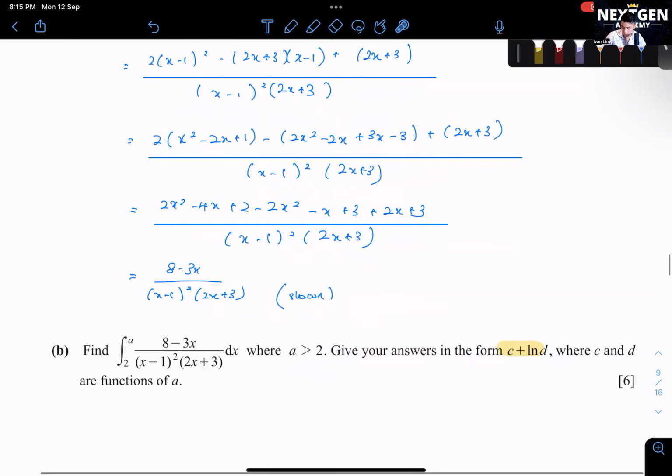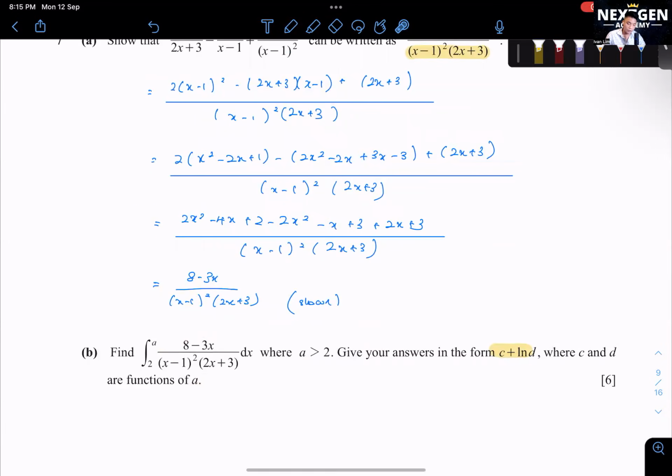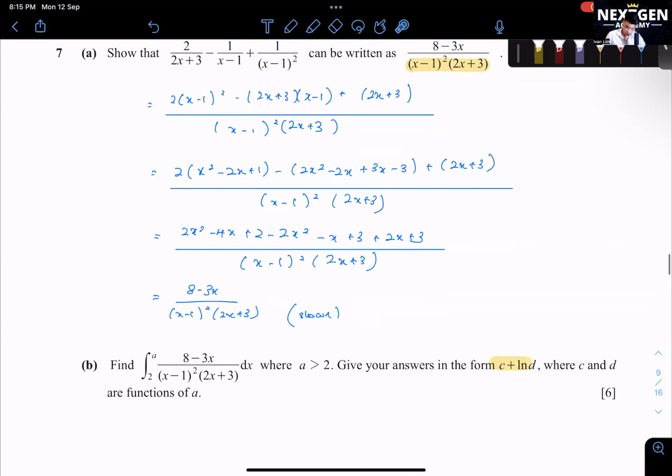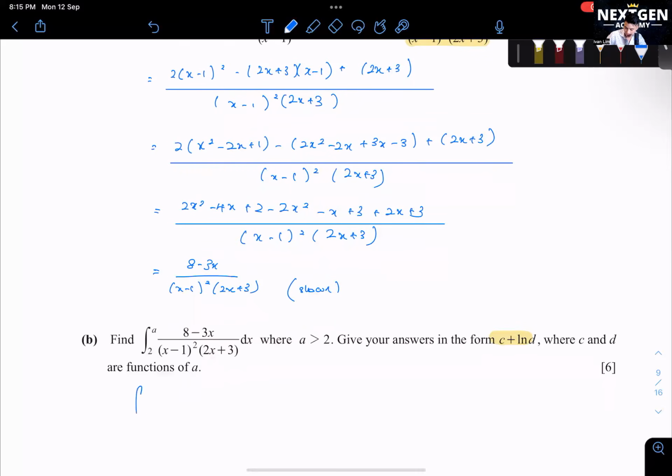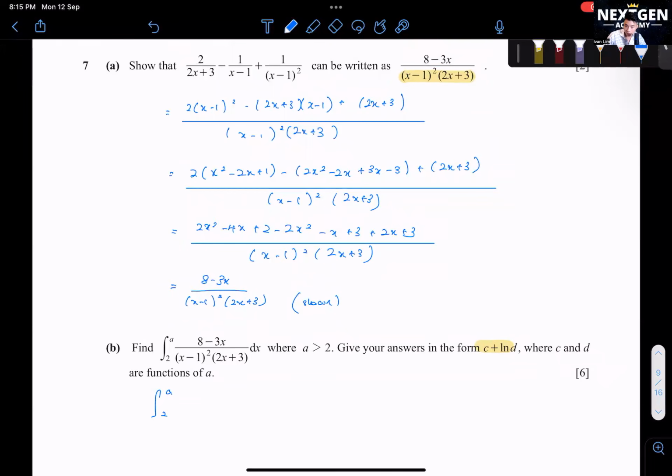We can integrate the other form, so we rewrite it as the other form first. Sorry, my bad. Just rewrite it again.